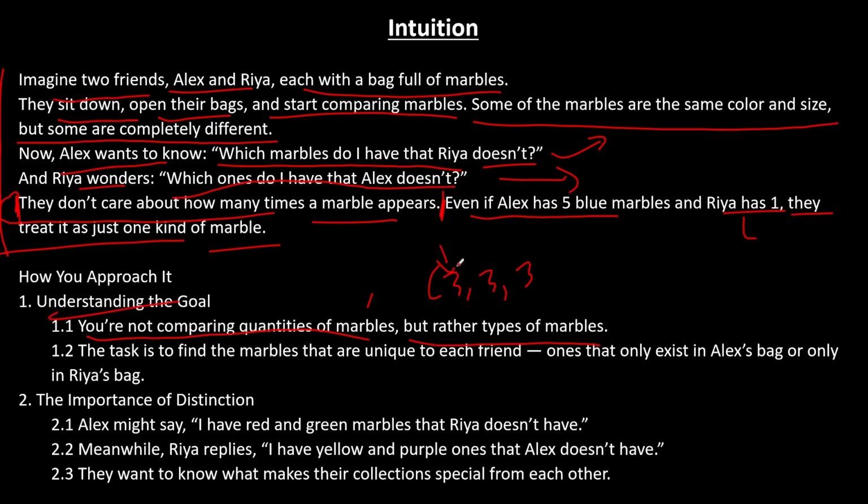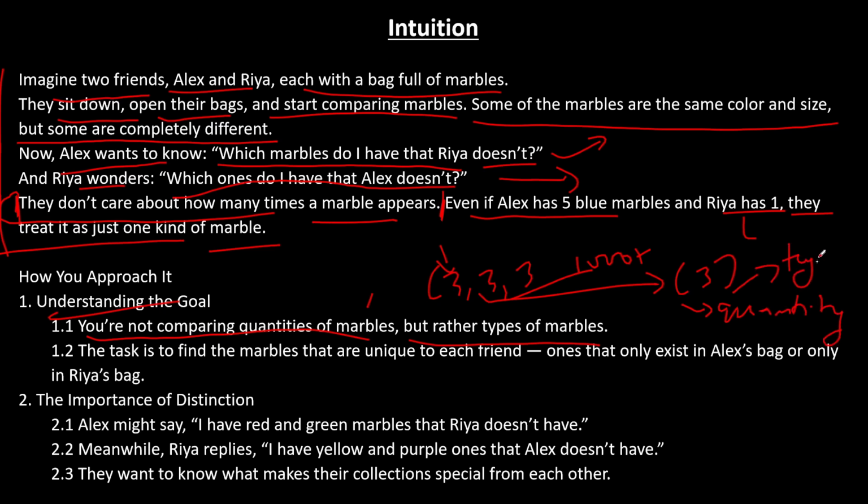If it appears one time, or more than 1,000 times, we take it as only one 3. Instead of becoming a quantity of 3, it becomes a type. Type means we have the 3 type and its quantity is 5. Understand it in this way. Now let's move ahead.